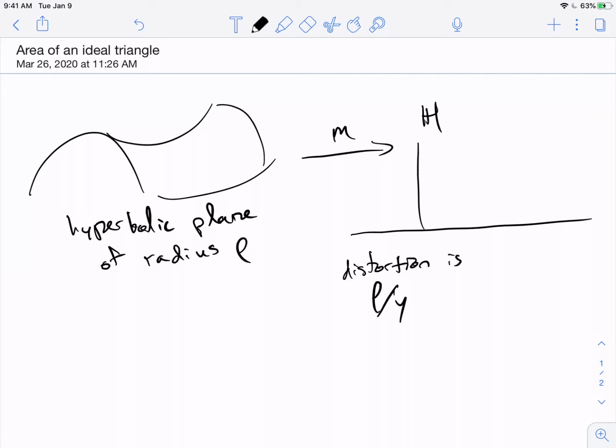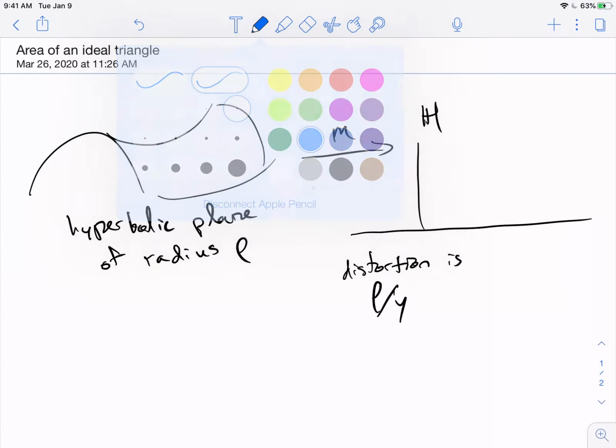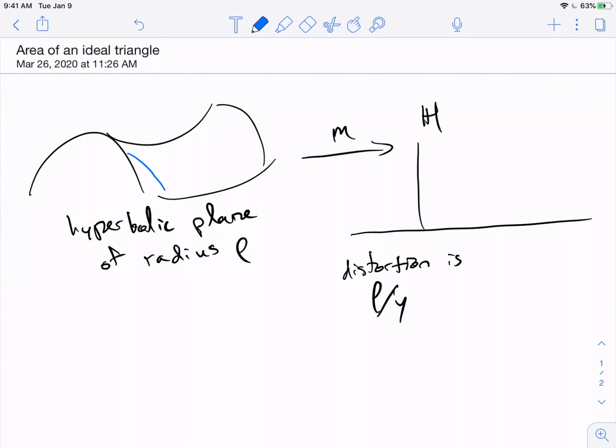And I want to calculate the area of an ideal triangle. So there's many ideal triangles, of course, on this upper half plane.